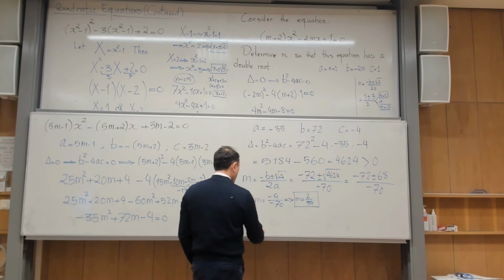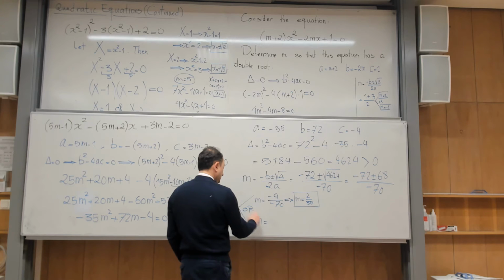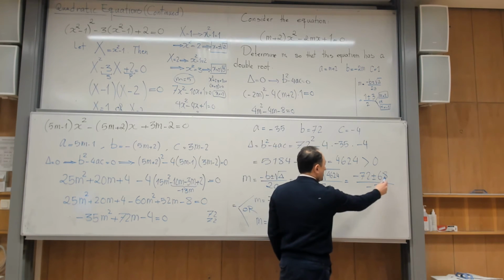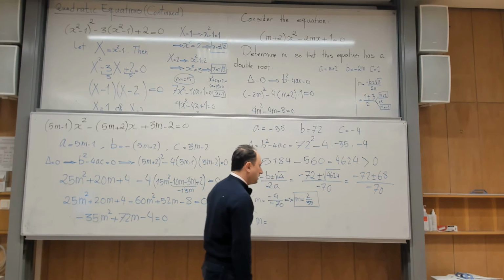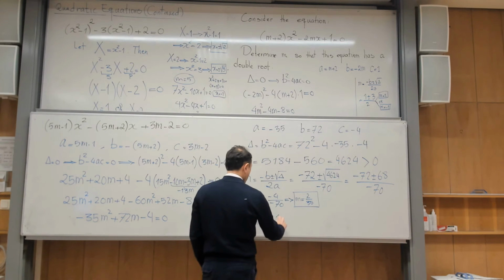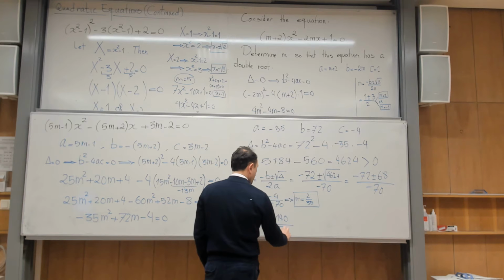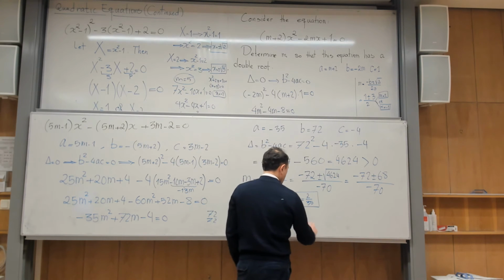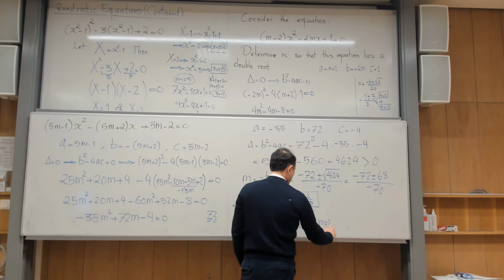Okay, another scenario is m equal to what? Minus 72, minus 68, minus 140, yes? Divided by minus 70, so it becomes 2. This means that m is equal to 2.